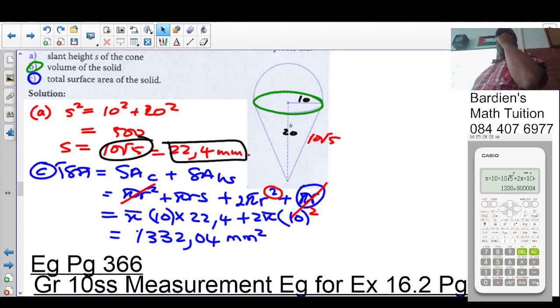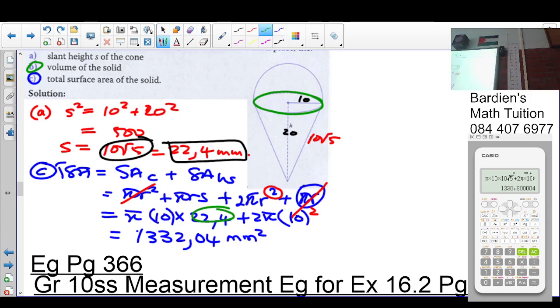You guys understand? Because this is a rounded answer here. That is why I got this answer. So in the exam, whichever one of the two numbers you use, you're going to get the full marks in both cases. Okay, you guys understand? Any confusion?